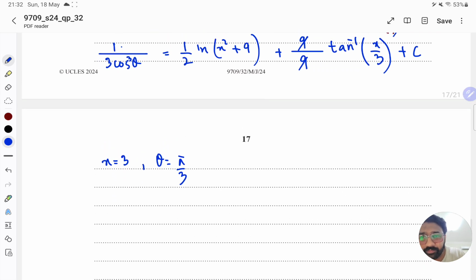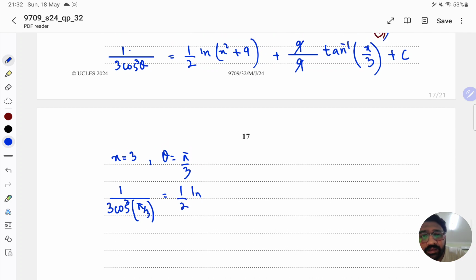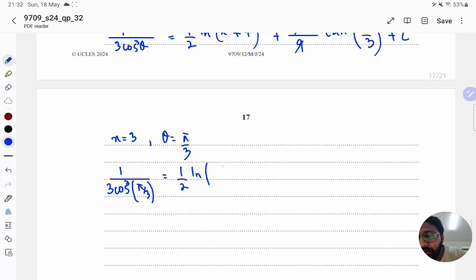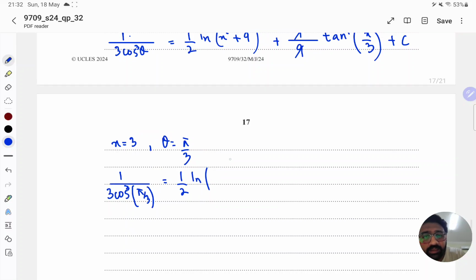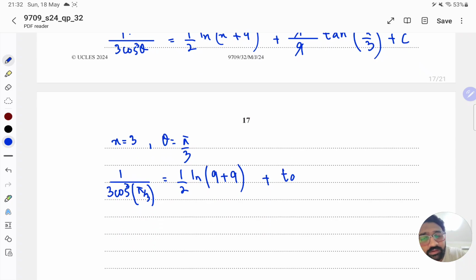So it will be 1 over 3 cos cube of pi by 3 equals 1 by 2 ln of, x is 3, yes, so it will be 9 plus 9, plus tan inverse of 1, plus c.